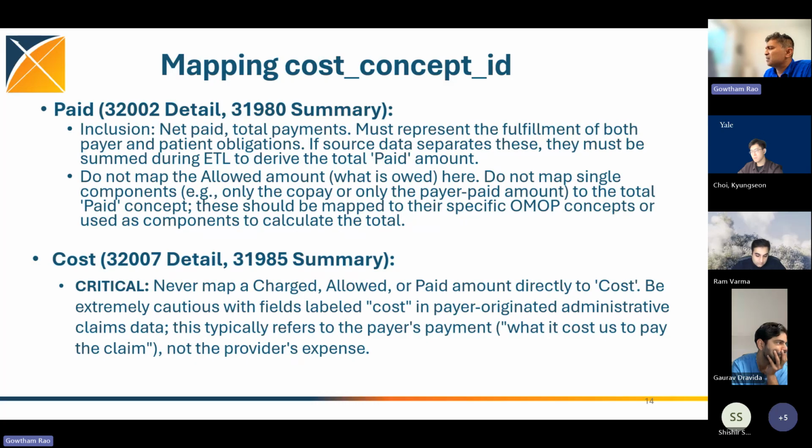The payer may have paid some money, the patient may have paid some money, or the patient may not have paid anything. So what money did the provider actually receive? That's the paid. And the difference between the allowed and paid is kind of a loss, so it becomes useful from a revenue cost perspective.